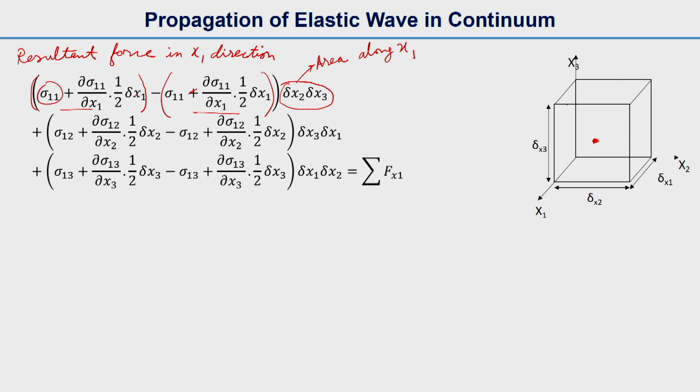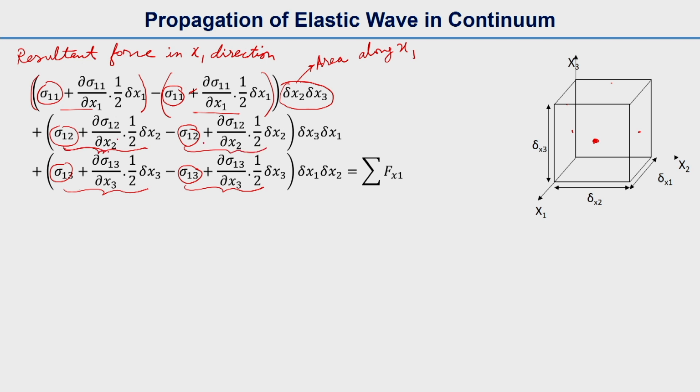Sigma 11 and sigma 11 here are from the front face and the back face, and then similarly sigma 12 and sigma 12 from the left hand side face and the right hand side face. Similarly sigma 13 and sigma 13, this term and this term. Similarly in the second case also, this term and this term.